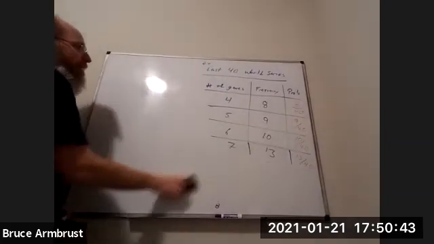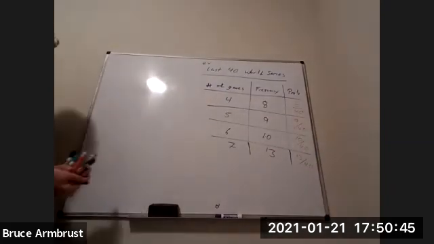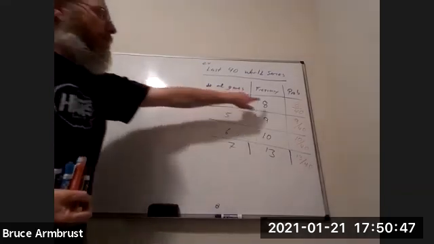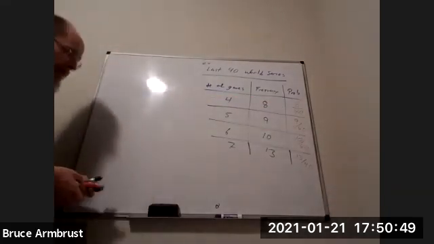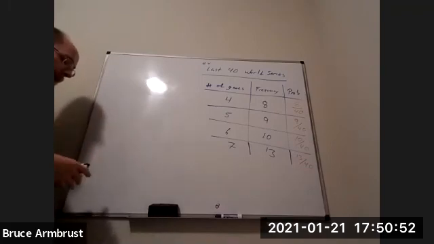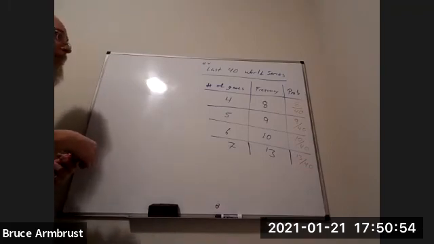I'm going to take the results, the number of games, and multiply it by the probabilities, and then add all those things up.